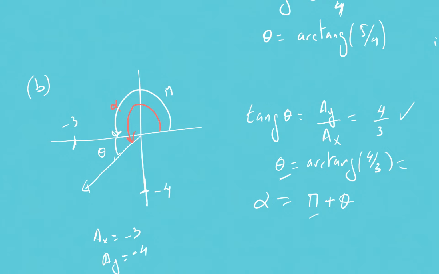Let me do it in my calculator. Let me use my phone as a calculator. So 4 divided by 3 is 1.333.